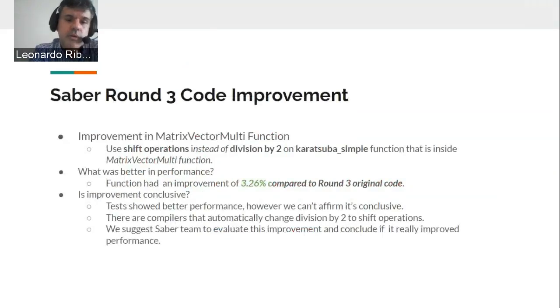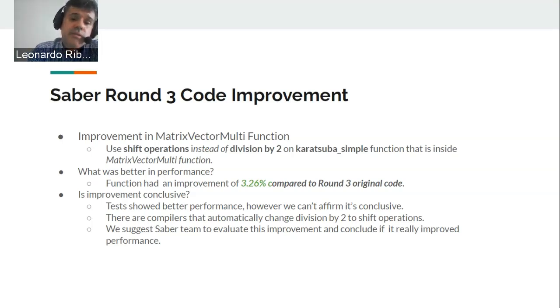So that's it for Saber. We also tried to make some improvements in the Saber code. We tried to use shift operations instead of division by power of 2 in the function Karatsuba simple.